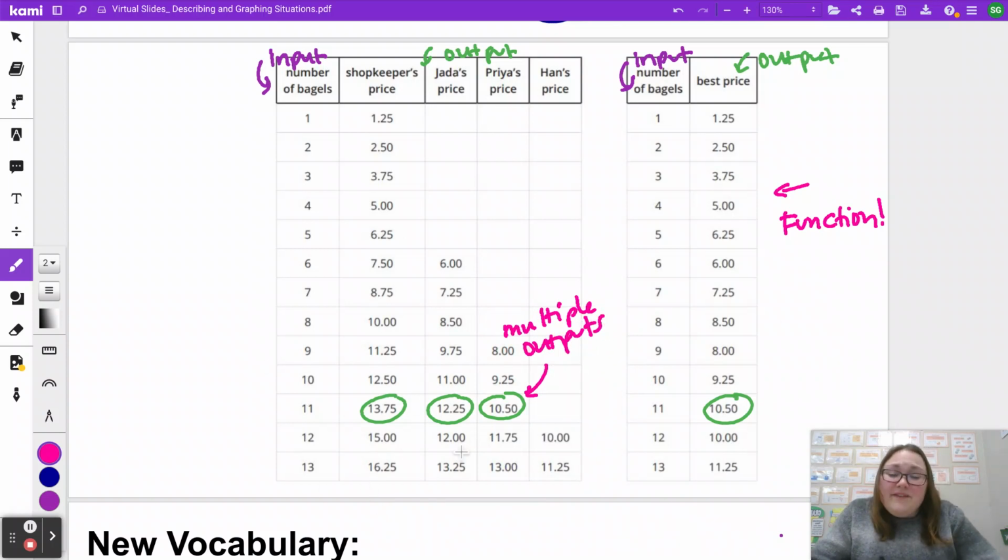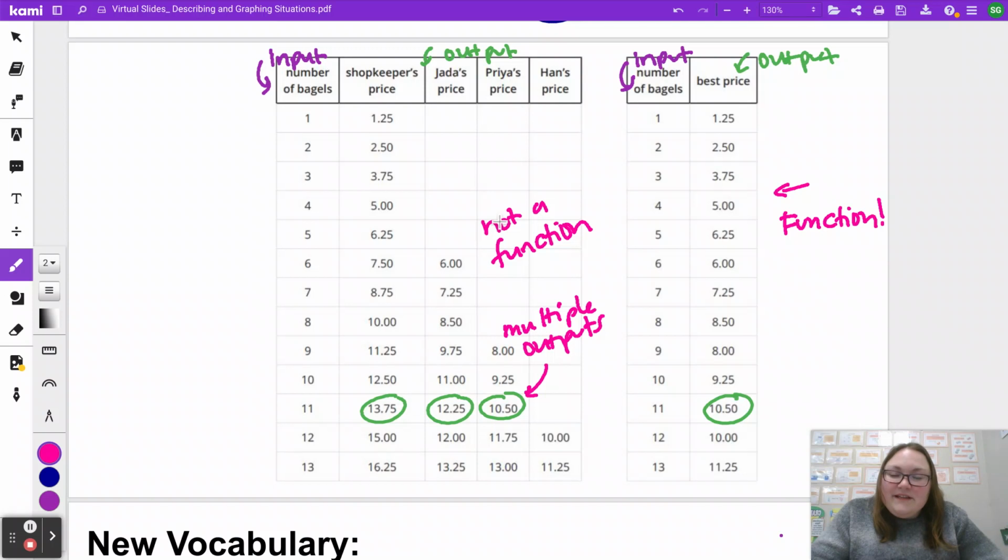There's nothing wrong with that. It just means that it is not a function. The focus of this unit is on situations like these here, situations where there is only one output. That is what makes something a function.